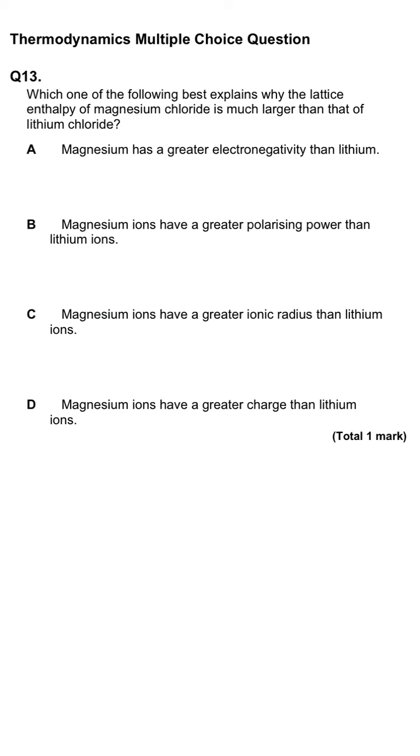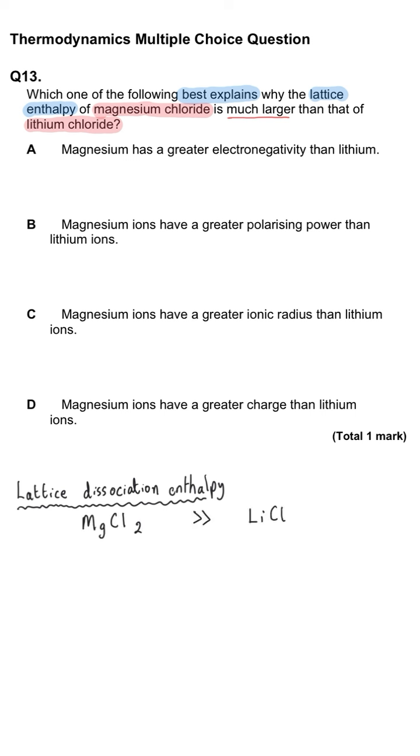Which one of the following best explains, so not just is simply true, it's the best explanation for why the lattice enthalpy of magnesium chloride is much larger than that of lithium chloride? Now they've said much larger, so we're going to assume that they're talking about lattice dissociation enthalpies because those are all positive values, and language like smaller and larger is most easily applied in this case.